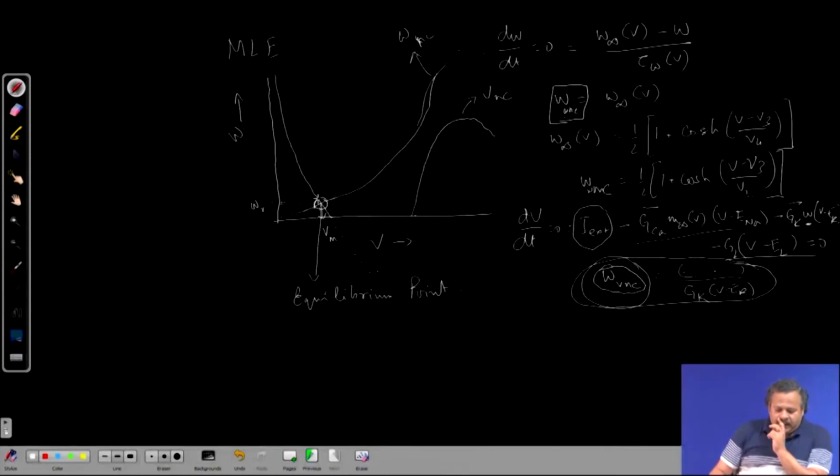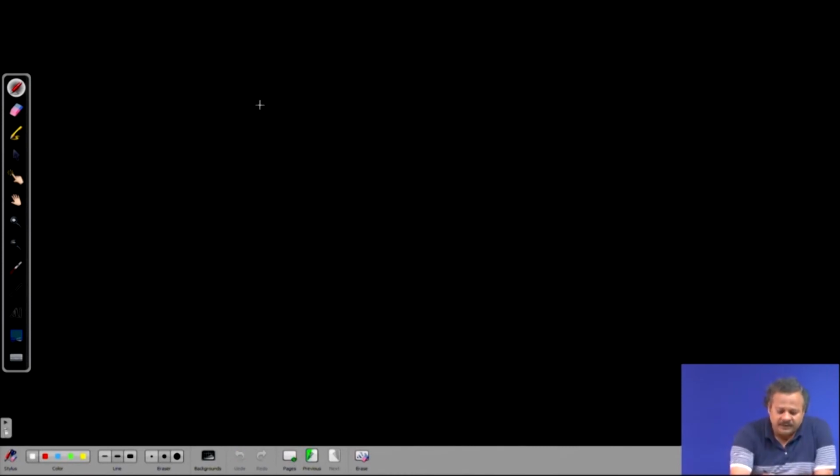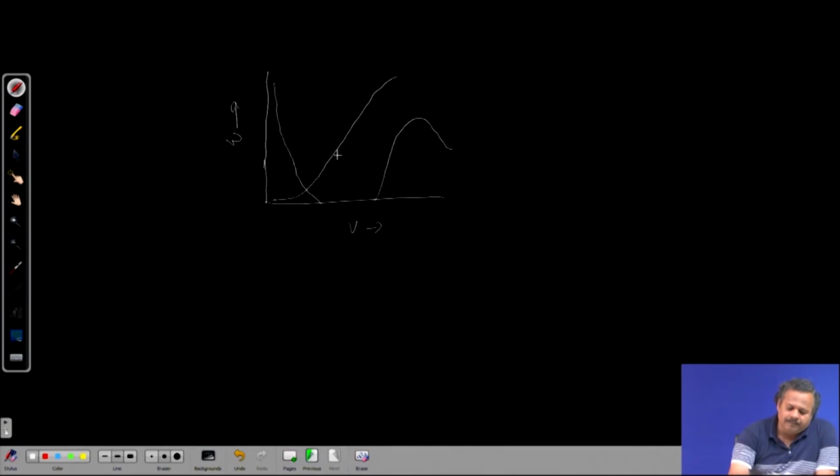With this equilibrium point, now let us consider perturbation of the system from the starting point. Let us say we have this as our V axis, this as our W axis, and the V nullcline here and the W nullcline here, somewhat like this, and this is our V rest.